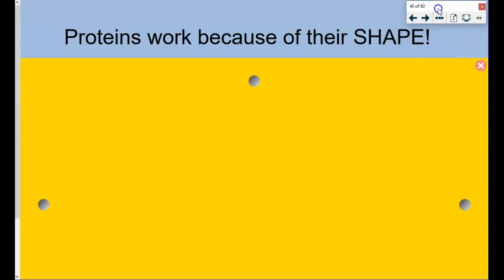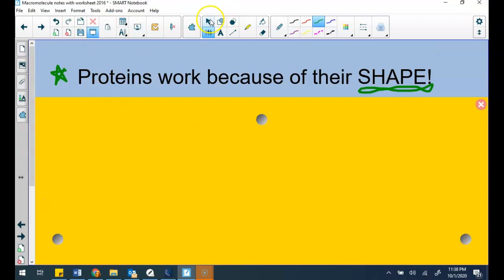All right, now proteins. They do a lot of important jobs in your body, and they work because of their shape. I am not entirely sure this sentence is on your fill-in-the-blank notes, so if it's not, please add it. This is really important. All of those different amino acids twisted together make lots of different shapes, and every job in your body is going to need to use a different kind of shape.